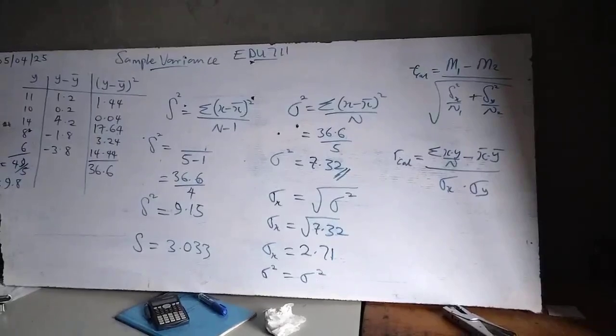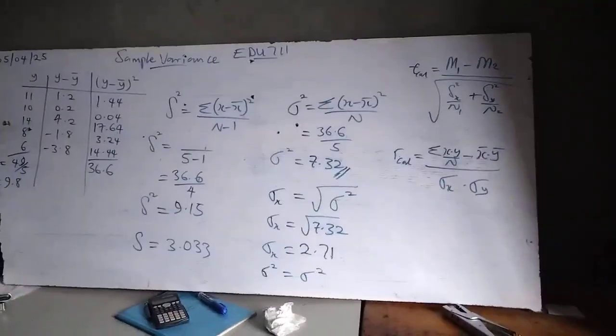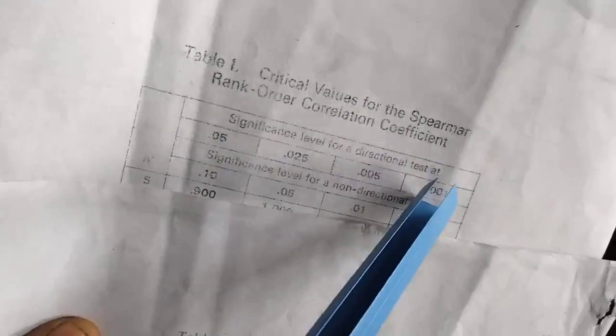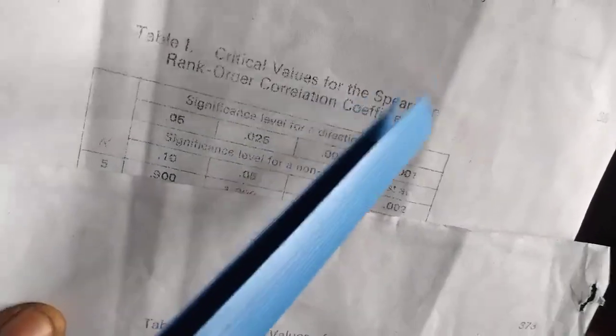Then the last table here is critical values for the Spearman rank order correlation coefficient. So this table is for Spearman rank correlation. Again, you see the difference. The one here is critical values for Pearson product moment, that is for Pearson correlation, and the one here is critical values for Spearman rank order correlation, that is for Spearman correlation, which I was supposed to use under the Spearman calculation, but instead I used Pearson, which was a mistake.